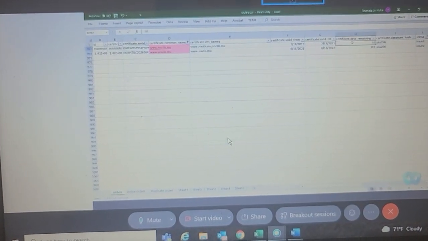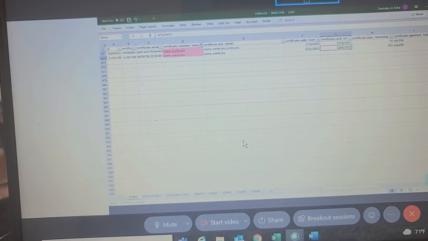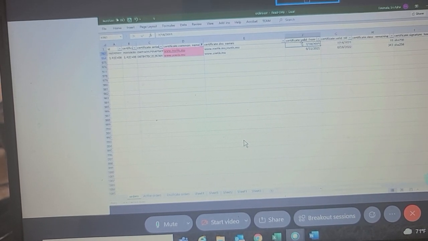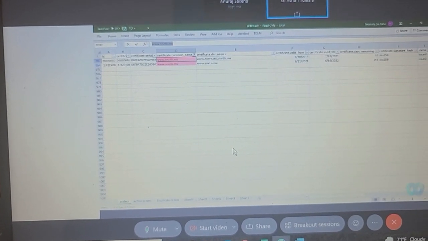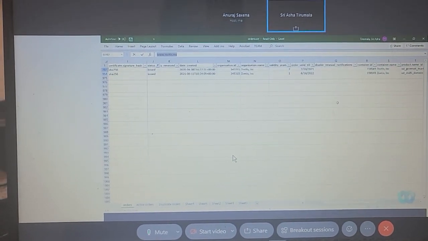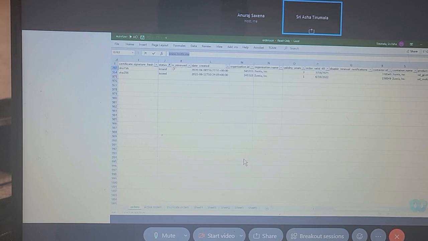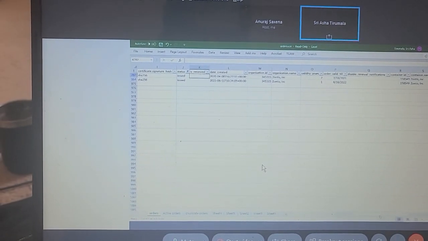Certificate days remaining is 10 days. Now, when they try to send the reminder, they will see that there is already another certificate issued, so they should not send the reminder. Correct. So the action item for them is to come back and mark this certificate as renewed in DigiCert. That way the status will remain issued, but is renewed will become 1. Correct.